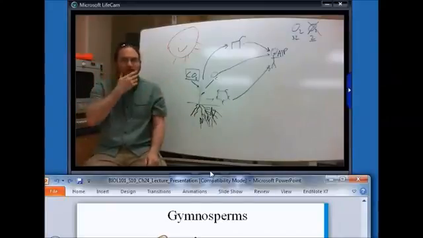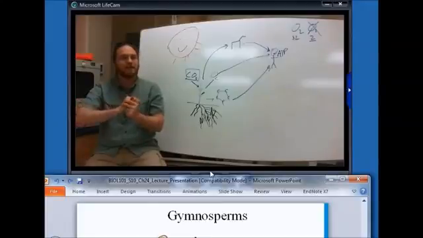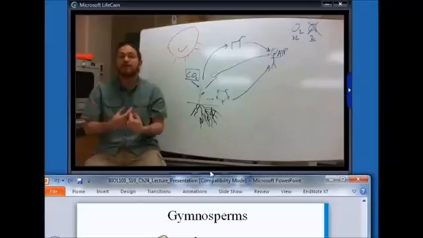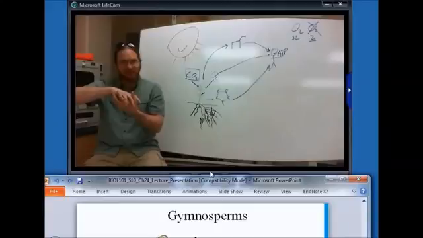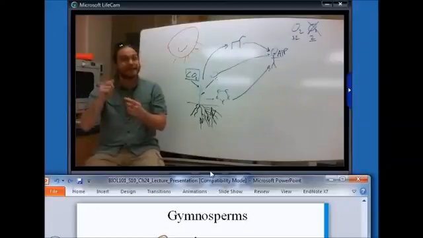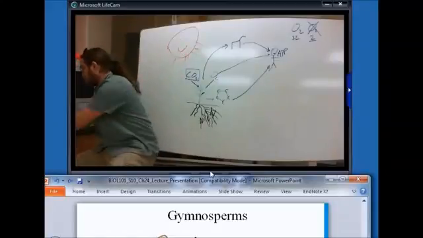But what we can do with seeds is create this hard case that will help seeds resist the environment. And so one of the ways that helps is you can have a very harsh environment. If you've ever seen a picture of flowers blooming in the desert, one reason is these flowers, the seeds, have a tough outside casing. And that tough outside casing lets them avoid dying in that environment until there's a rain, and then they all bloom.